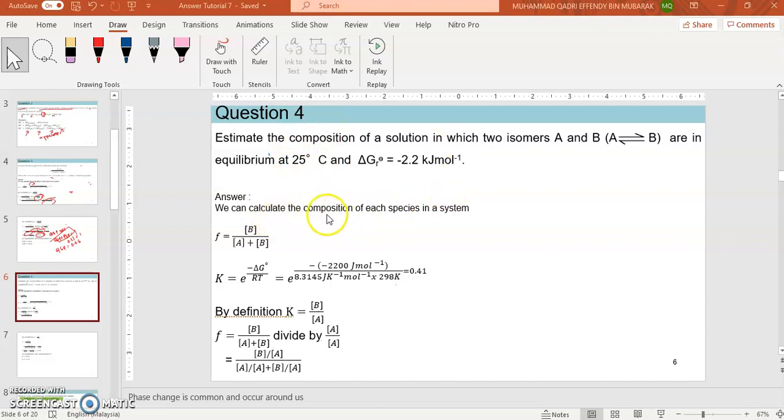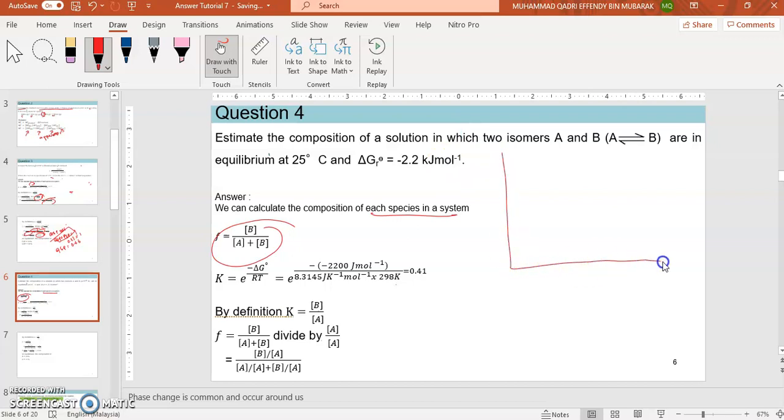So for the composition of these species in the system, we can write the fraction of B over A plus B. Again, in this case, let's say this is our container, so this A is able to convert to B, so that's why we have A and B species in our container.